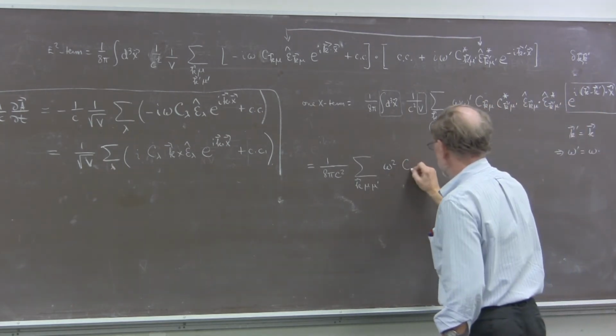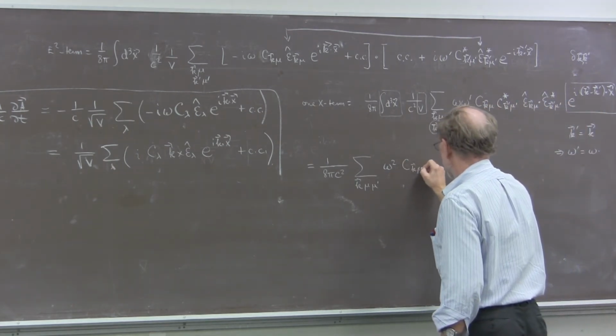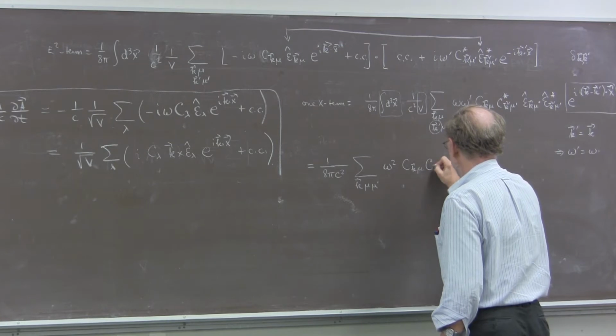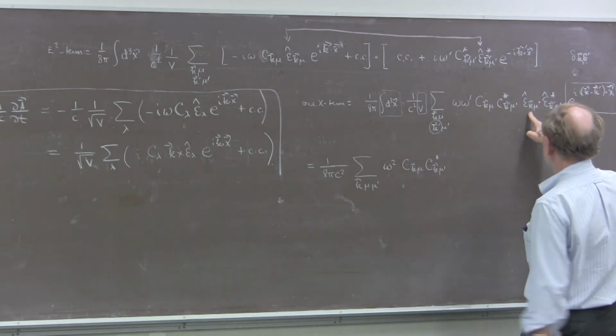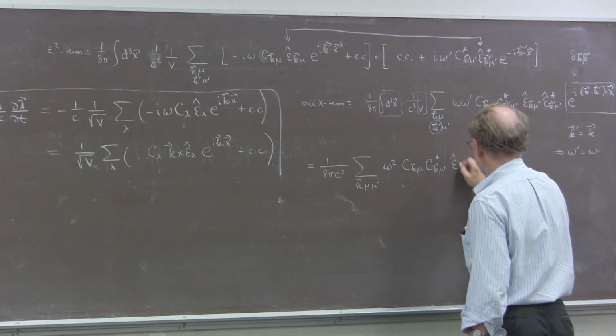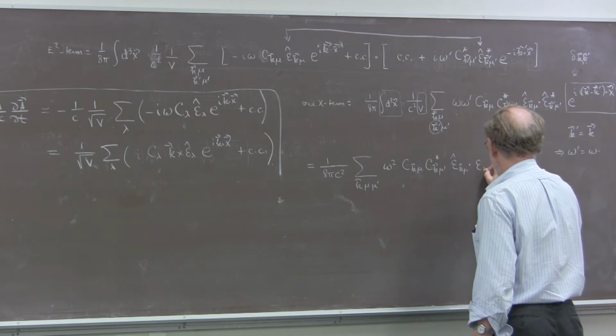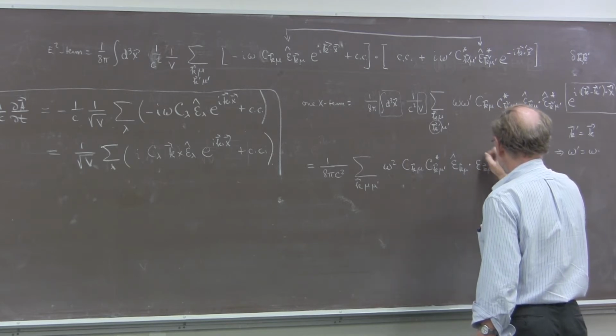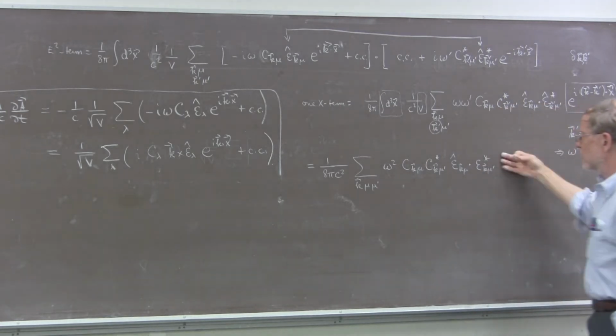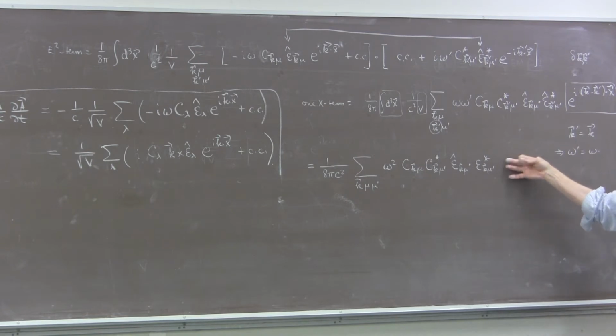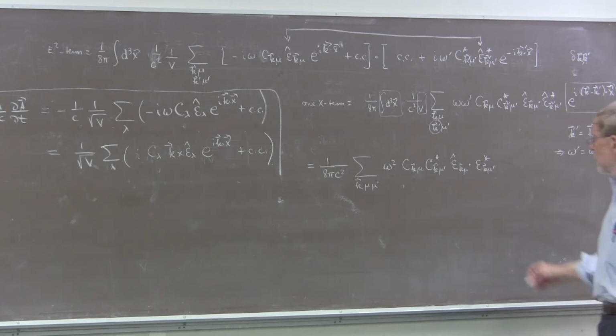We have c sub k mu times c sub k mu prime complex conjugate. Now the two k's are the same. And we have the polarization vectors epsilon k mu dotted into epsilon k mu prime complex conjugate, and that's all there is at this stage, after doing the spatial integration over the box.